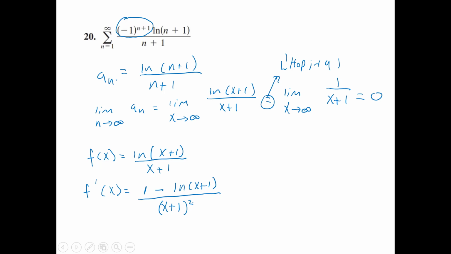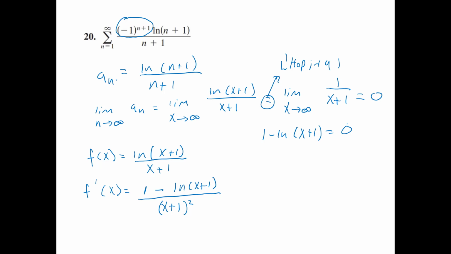Okay, so the denominator is always positive. We don't have to worry about that. We just have to find the critical numbers. So we have to figure out what do I put in for x so that 1 minus the natural log of x plus 1 is 0. So I'll do that over here. 1 minus the natural log of x plus 1 equals 0.